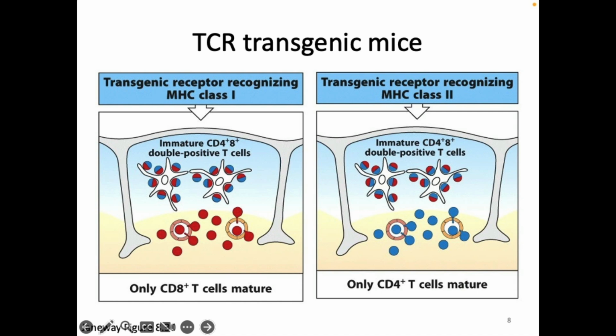We're only going to get CD4 cells that mature. That mouse is going to have 100% CD4 cells. So that's one thing I can do that both helps me understand some of this information about T cell development and is also an interesting lab trick.